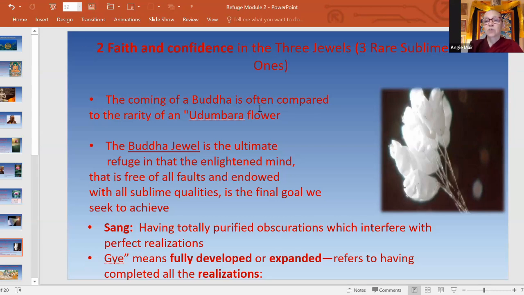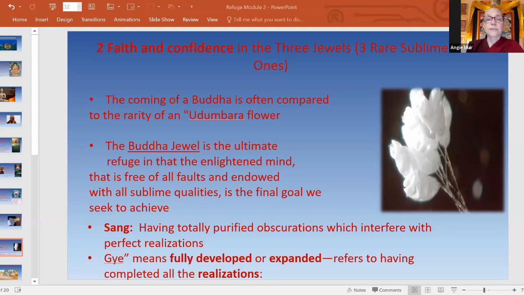So first of all, we're talking about the quality of the Buddha, rare. The coming of a Buddha is often compared to the rarity of an Udambara flower. The Udambara flower is a kind of mythical bloom, although it does actually exist, but it appears very rarely.